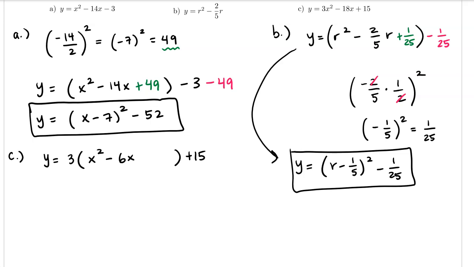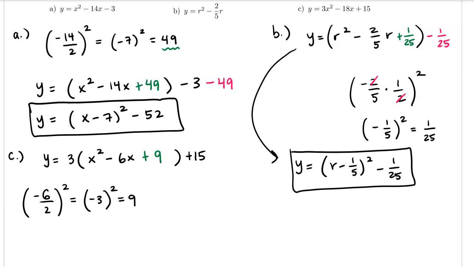Now what I want to do is take my b value again, which in this case is negative 6, and then cut it in half, and then square that. So negative 6 divided by 2 is negative 3. I square that, that gives me 9. So inside of my parentheses, I'm going to add 9.